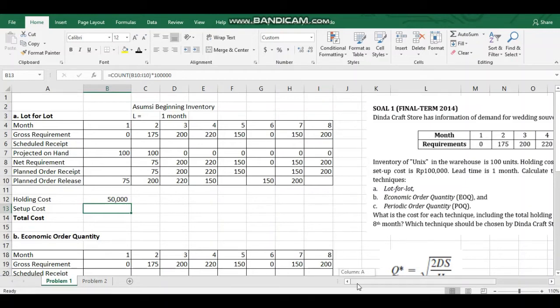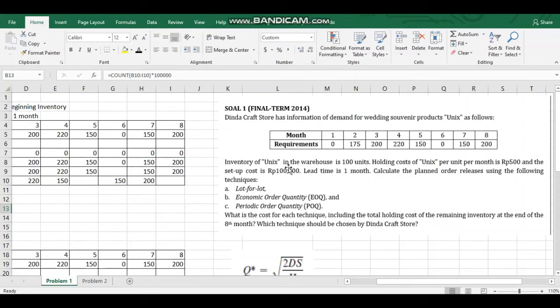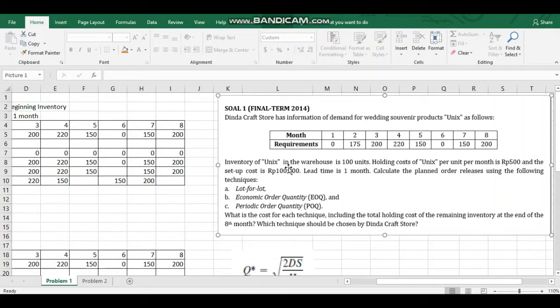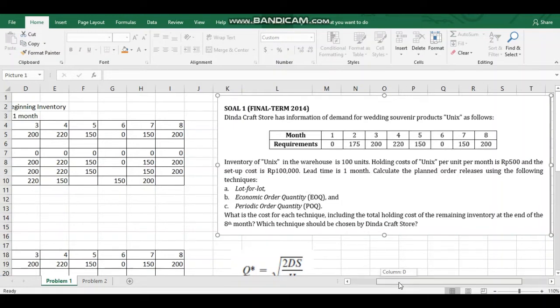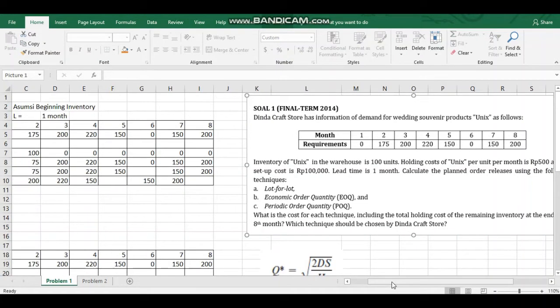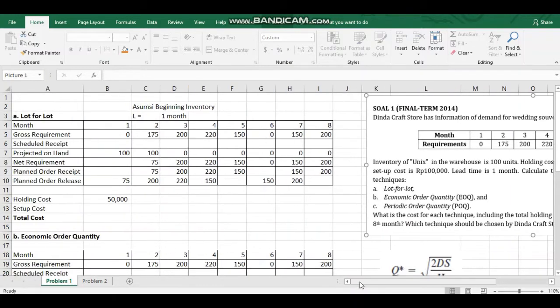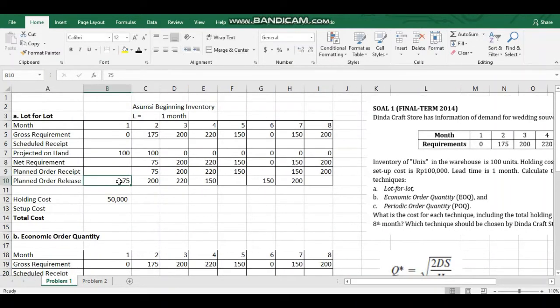So basically, setup cost is incurred every time there is a production, or in this case, placing an order. So it's not about the sum of these numbers, but the count of how many times we place the order.